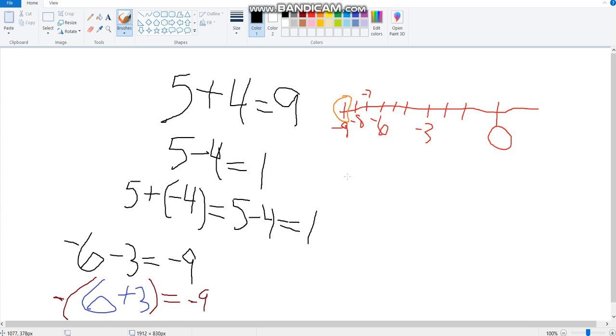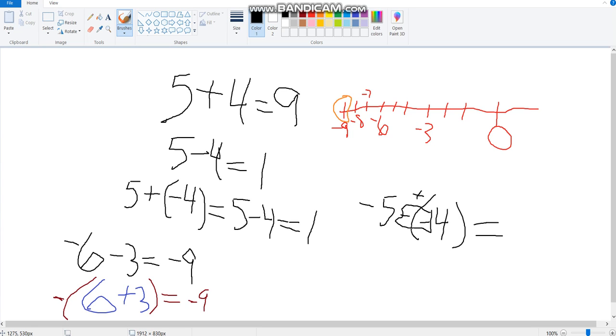Okay. Now, I know you're probably thinking, what if I have a negative number minus a negative number like that? Well, when you see double negatives, or 2 negatives in a row, I want you to circle it and it becomes positive. Double negatives in math mean you turn it to a positive.